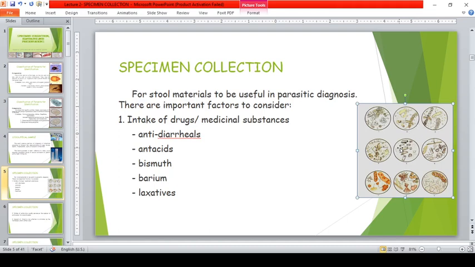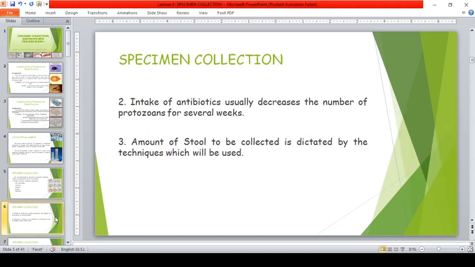Okay? So, false negative. That's why it's better that patients taking this must submit their samples 1 week after their last intake of the drug. Intake of antibiotics usually decreases the number of protozoans for several weeks. So, in that case, it will cause a false low levels of parasite.